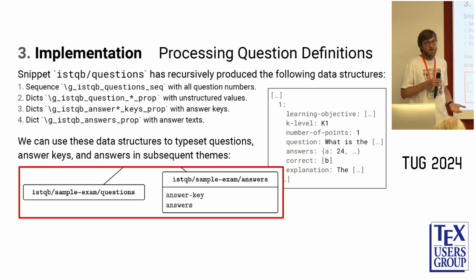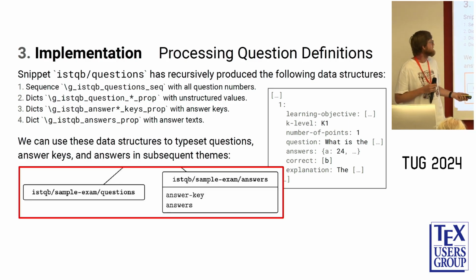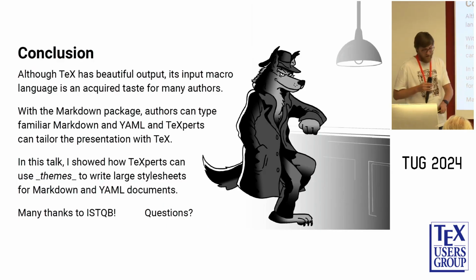So this is all you need to actually typeset the list of questions or the list of answers in the subsequent themes. Like this. As I said, more information can be found in the preprint. And this concludes my talk.